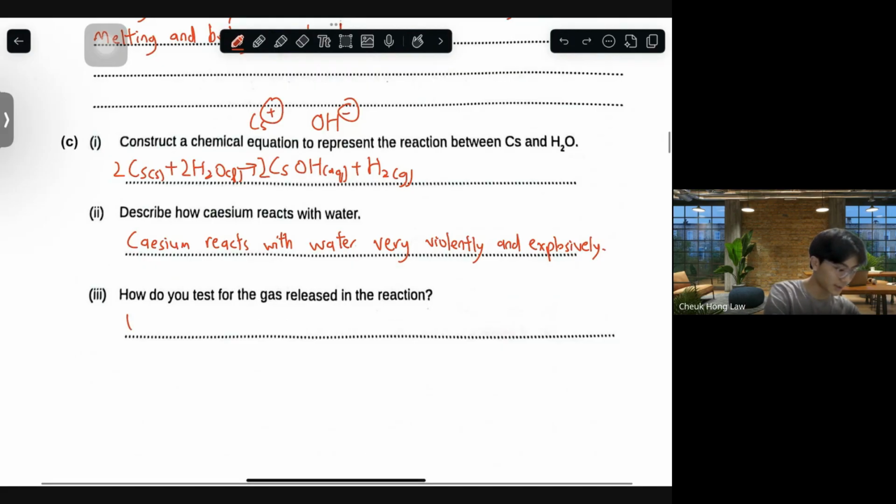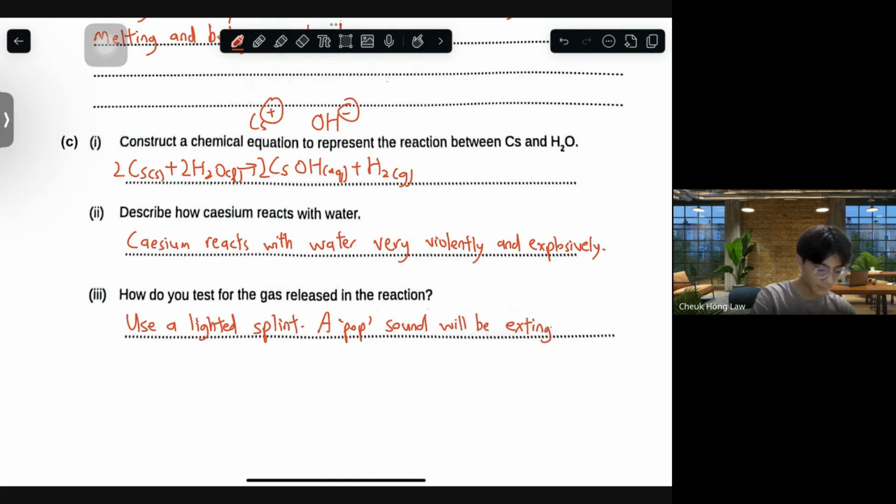So you just use a lighted splint, and a pop sound will be heard when hydrogen gas is present.